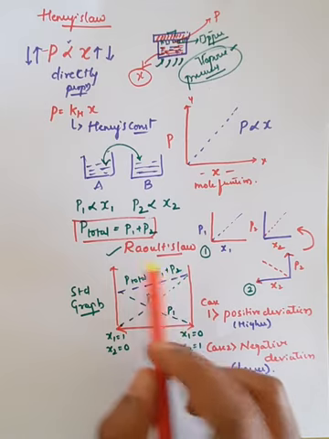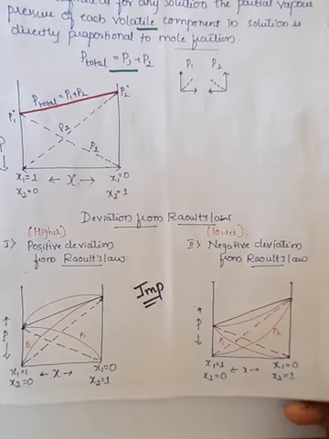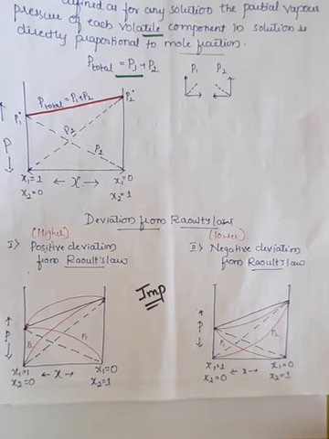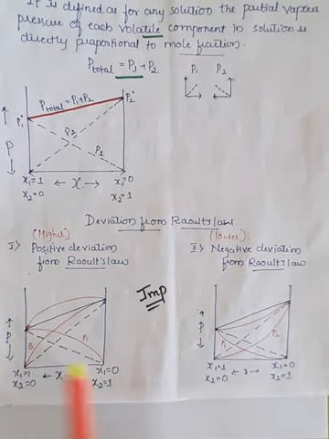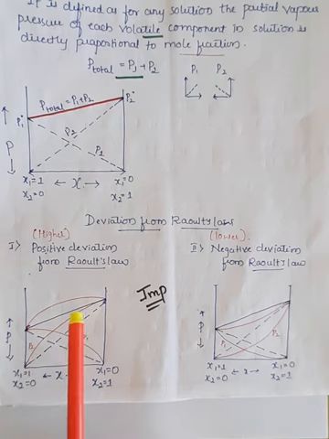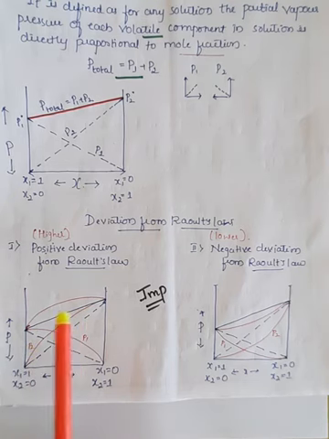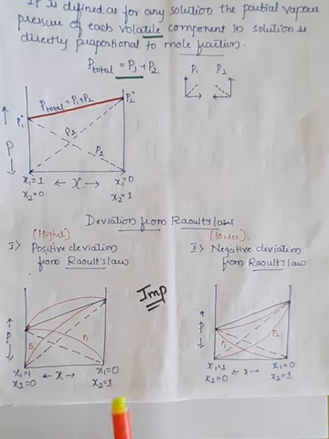Already we have seen the Raoult's law graphical representation here. This is the graphical representation for the positive deviation and negative deviation. This is very important. Here I have drawn the Raoult's law graphical representation, and you can observe this red colored curve is above the dotted line, which represents our normal value.